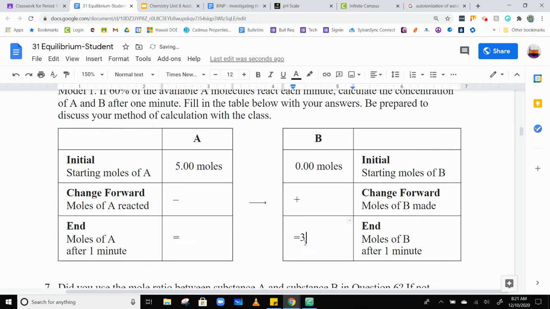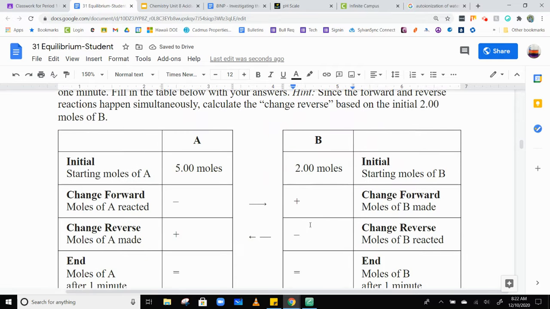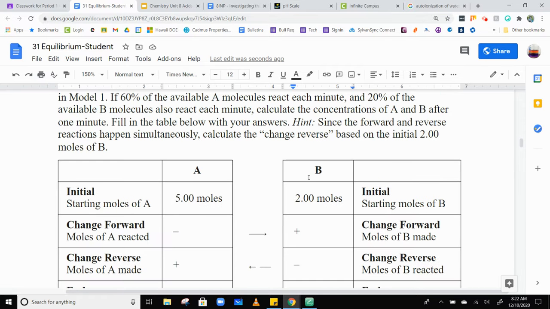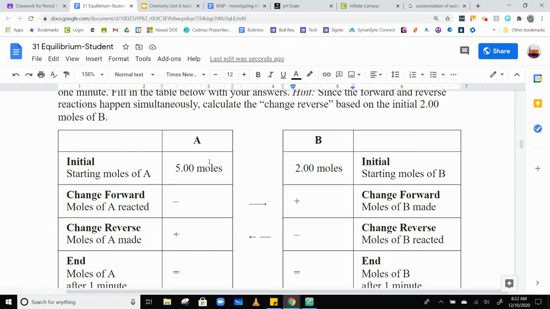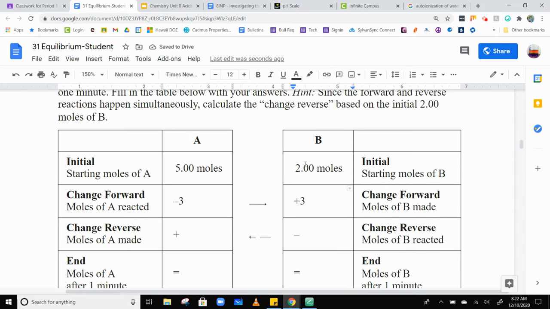And then over time, if we start with 2 moles of B, and let's say 20% of B goes to A, then again 60% of A goes to B, so it's 3 and 3. And then 20% of B goes to A, so 0.2 times 2 is 0.4.